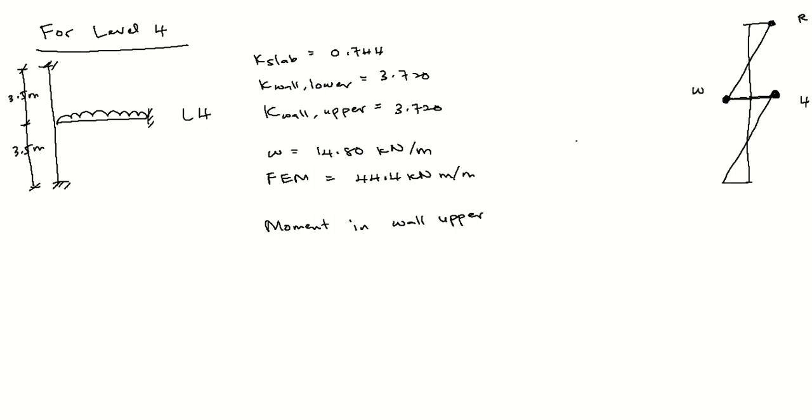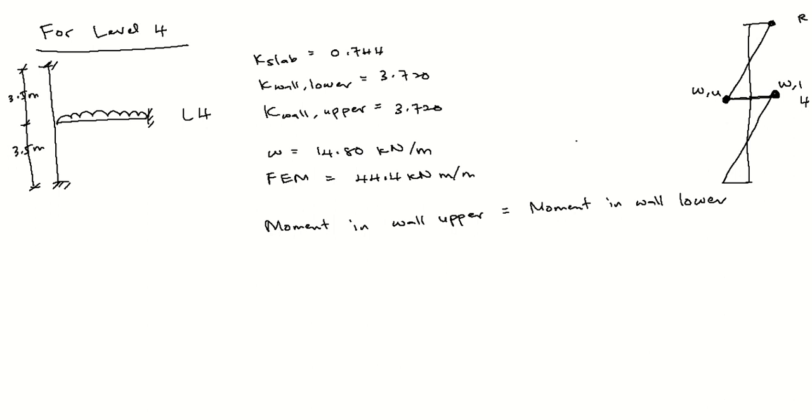This one is wall upper, this one is wall lower, the values that we will get. So moment in wall upper will be equal to moment in wall lower, because we have the same K.